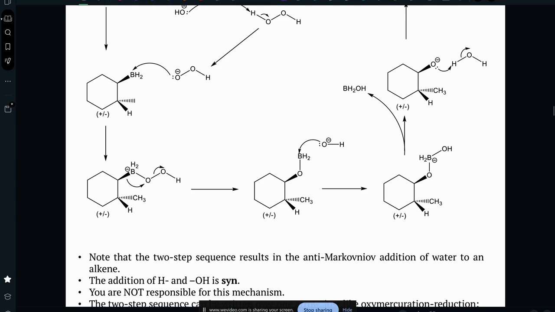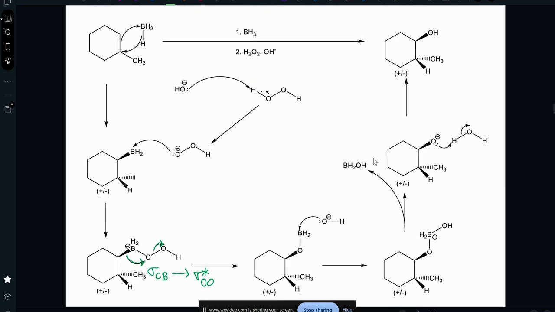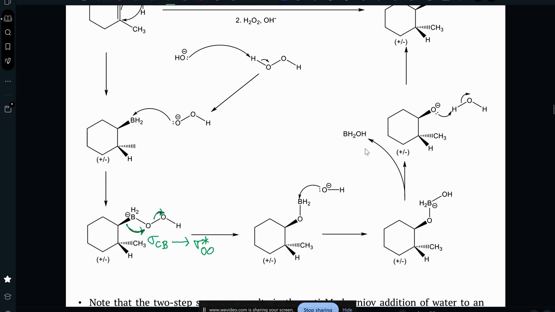If you think about the donation, here we have sigma CB donating to sigma star OO. And we're taking advantage of the fact that sigma star OO is a really good acceptor. And so then you can see the remaining steps here where the boron gets ejected.